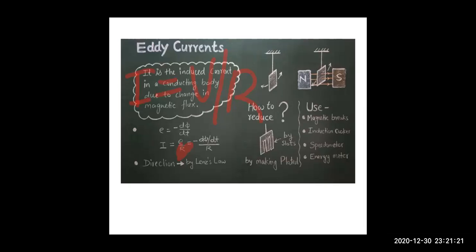So E upon R, and we can replace the value of E from this equation. So your I, that is the eddy current, will be equal to minus d phi by dt upon R. And here the negative sign shows you the direction of the induced EMF, that is, it is in accordance with Lenz's law.